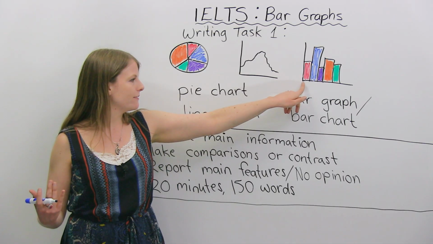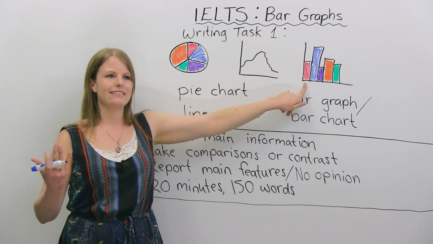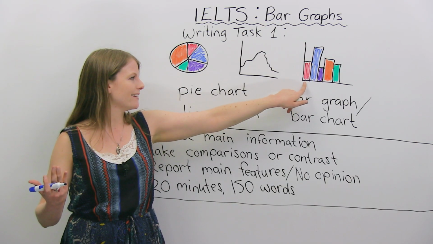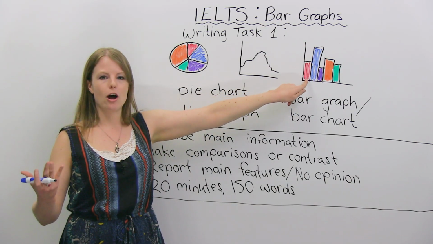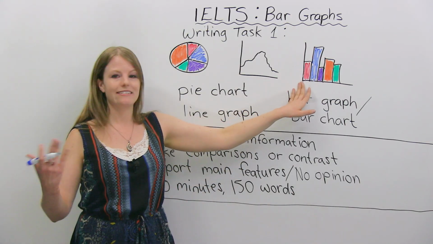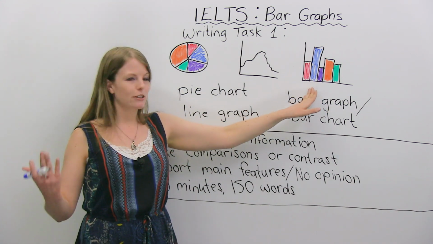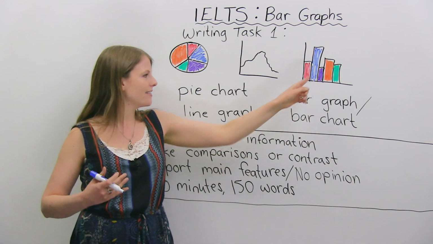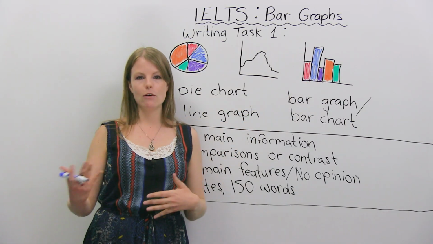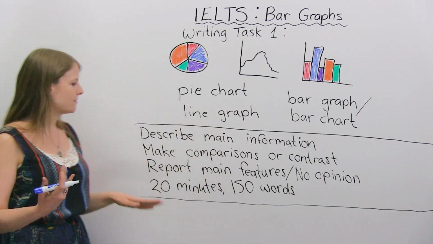So for example, if this is different activities, maybe you might say that the red is shopping and the blue is golfing. In this case, shopping is less popular than golfing, okay? So pretty much you need to compare the different bars and say what is the same about them, which ones are similar, and which ones are different.